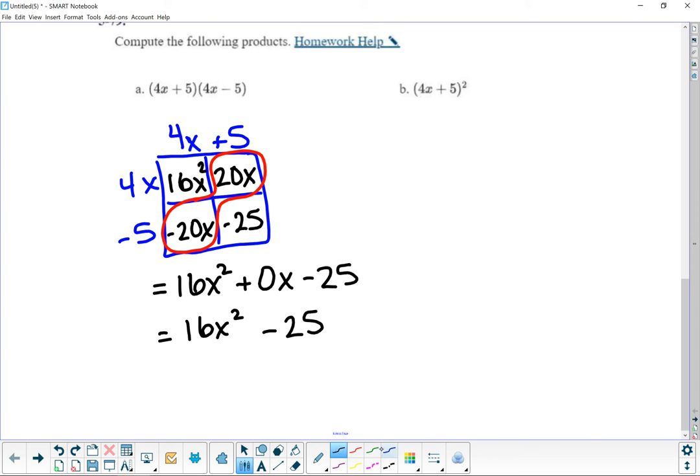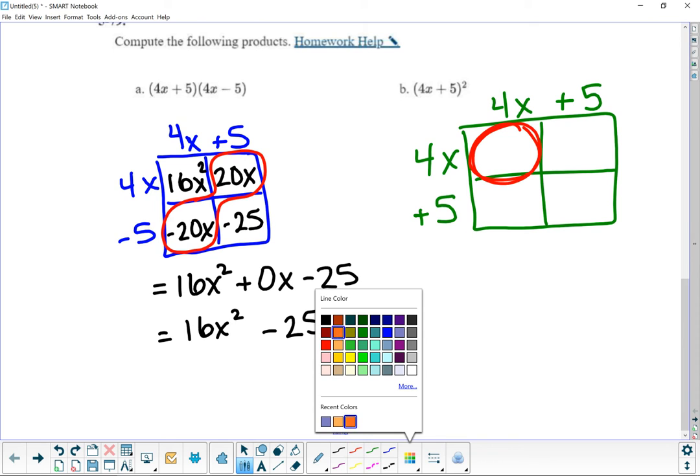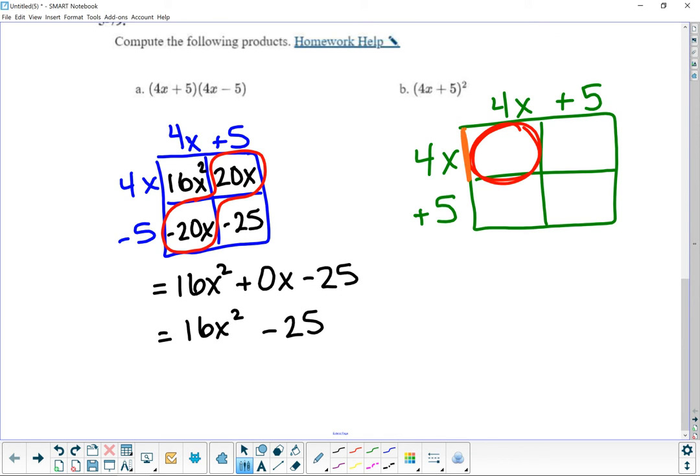Okay, this one right here, we'll go with green. This one is 4x plus 5 and 4x plus 5. Okay, if I want this stuff that's in here, it's going to require me to utilize this length and this width, right?